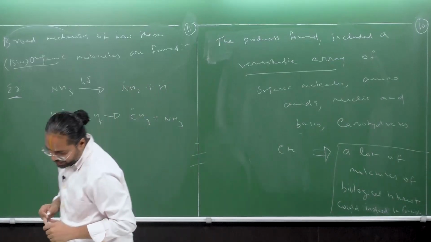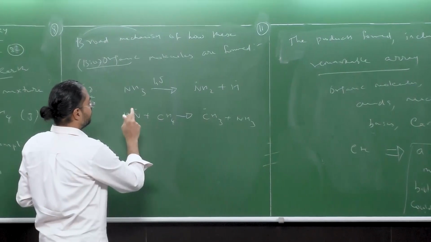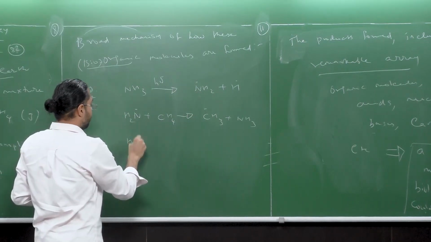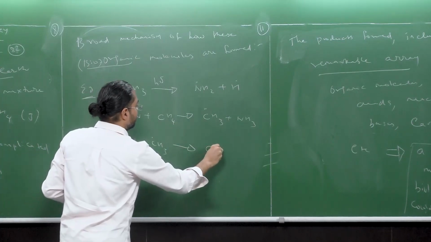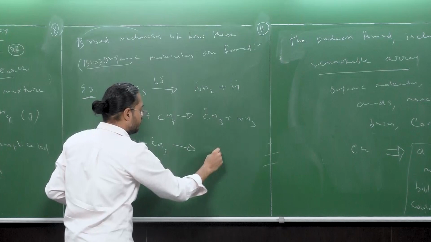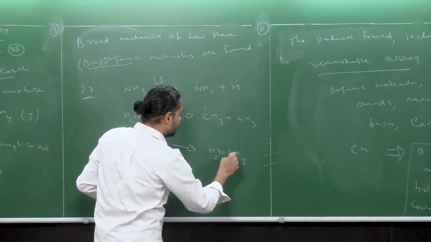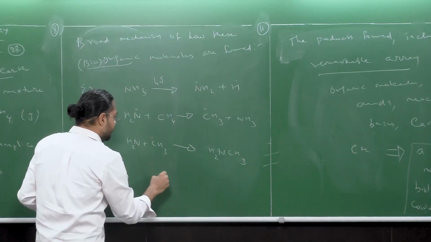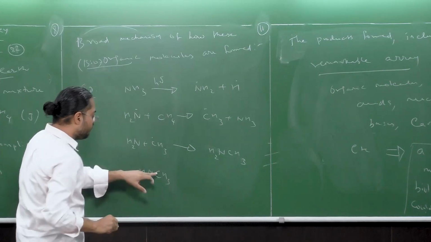So this is the second step, and subsequently your NH2 radical is going to react with your CH3 radical to give CH3NH2, which, if I'm correct, is called methylamine. Once this is formed, you've already formed a CN bond.